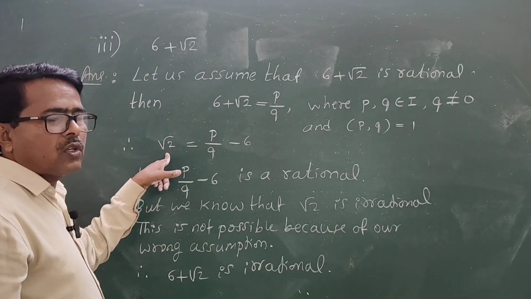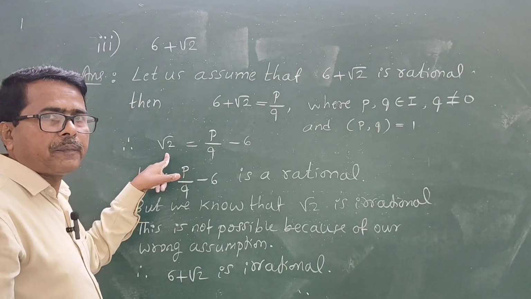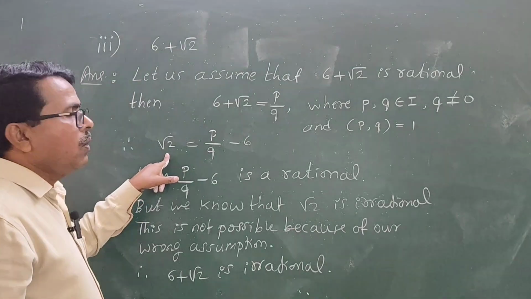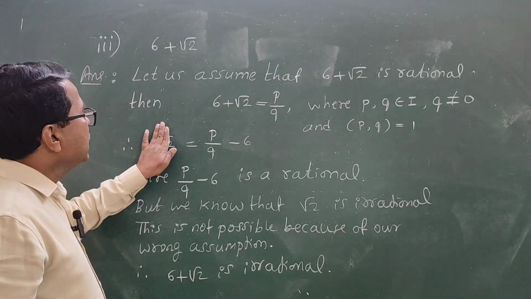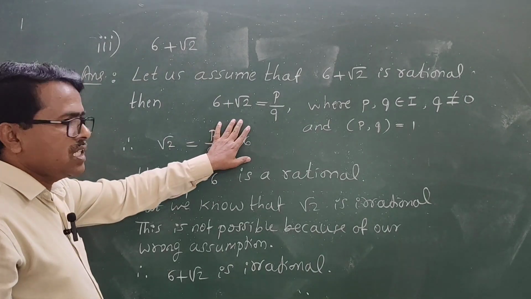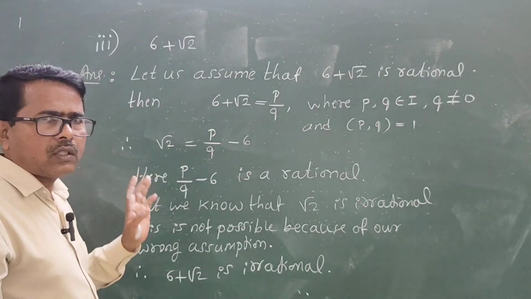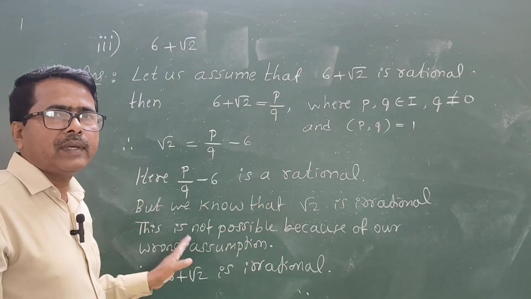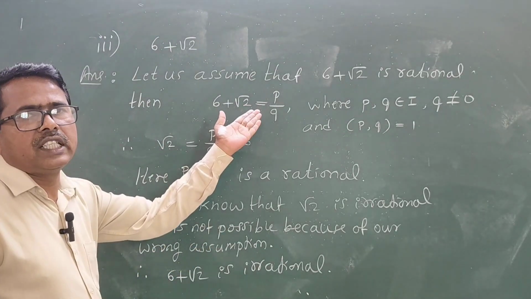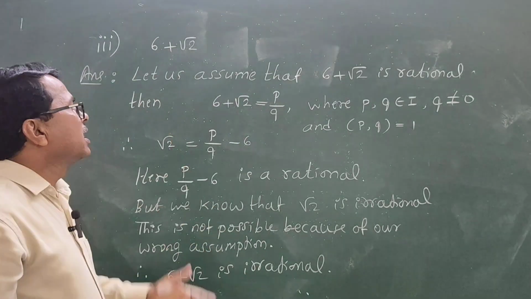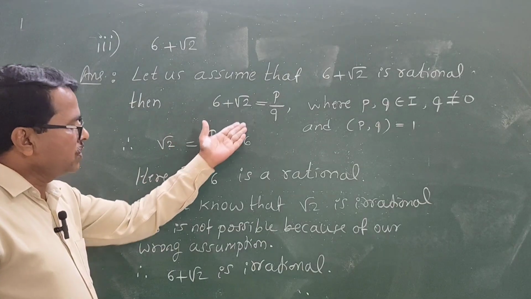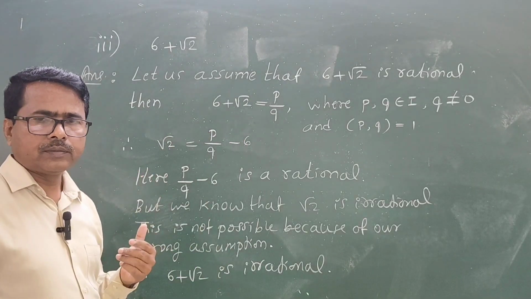But we know square root of 2 is irrational already. Now left hand side is irrational, right hand side is rational, so both are not equal. All this happened because of the wrong assumption. Then what is the right assumption? The right assumption is that 6 plus square root of 2 is irrational.